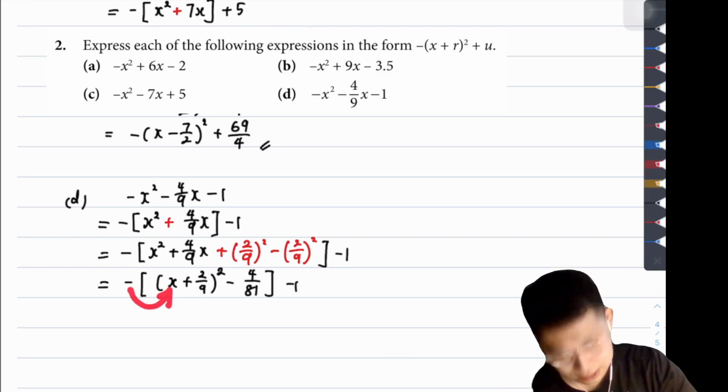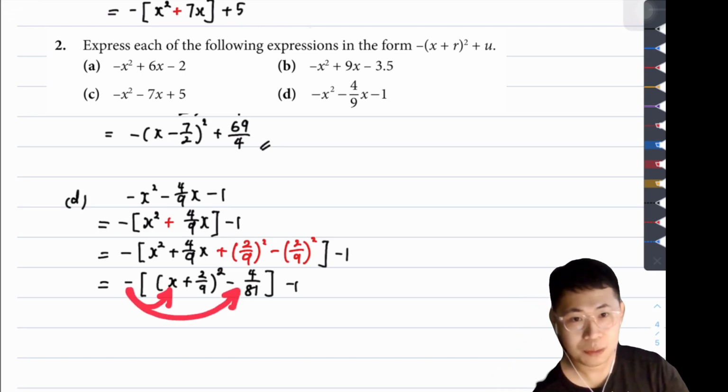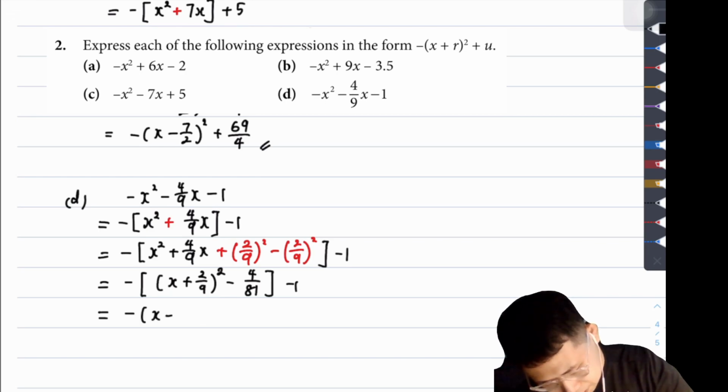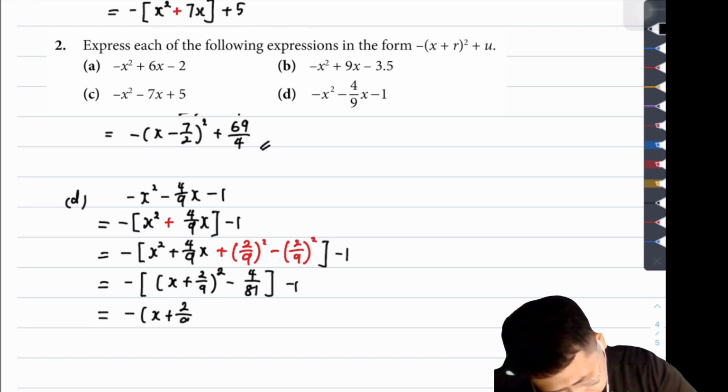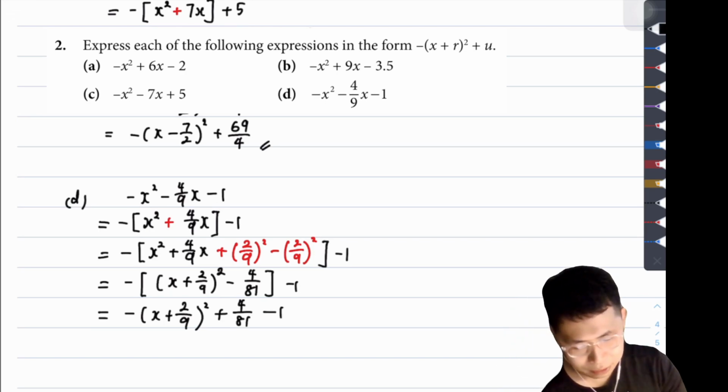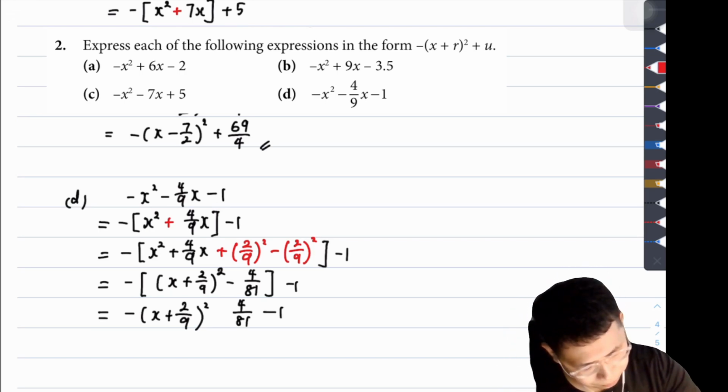Distribute this negative sign. So we will have a negative of x plus 2 over 9 squared, right? Then I will have a plus 4 over 81 minus 1. Be careful of this. I think I should write in this color so that you can see.